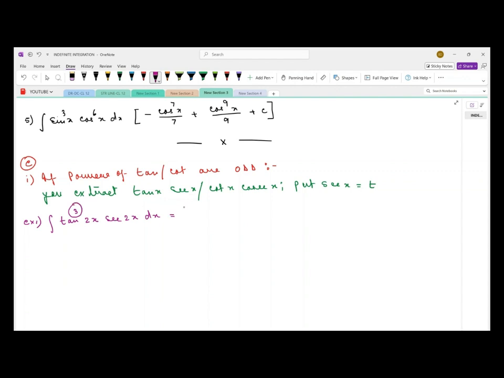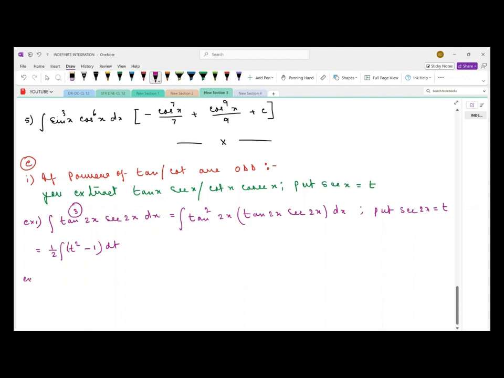So obviously we will break up this power, that is cube, into tan square 2x and tan 2x, and tan 2x we pair up with sec 2x, that is, we are extracting tan x sec x. Then you put sec 2x equal to t. So this integration reduces to simply a polynomial integral, that is t square minus 1 dt.